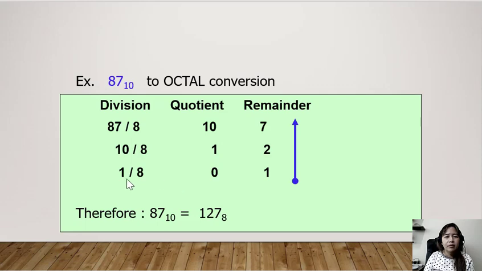So 1 divided by 8 is 0 with a remainder of 1. Disregard the 0 and read it from the bottom up. So you don't read it as 7-2-1, but rather 1-2-7. So 87 in decimal is equivalent to 127 in octal.